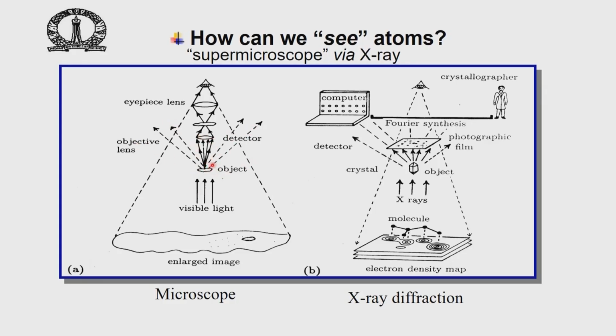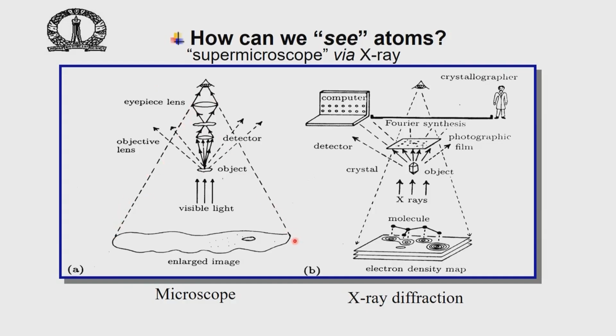We take these scattered radiations and put a convex lens in front of it, the so-called objective lens, and we get an image of the object. So the main object generates the image just like the previous slide we had, and this image can be enlarged by what is known as an eyepiece lens.